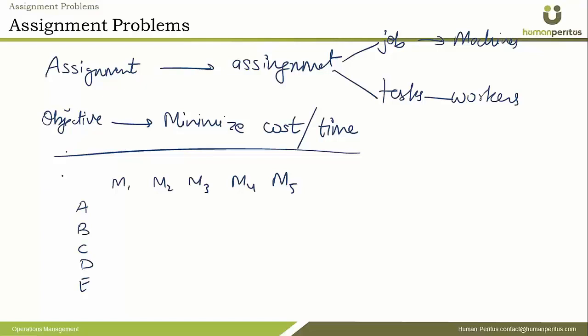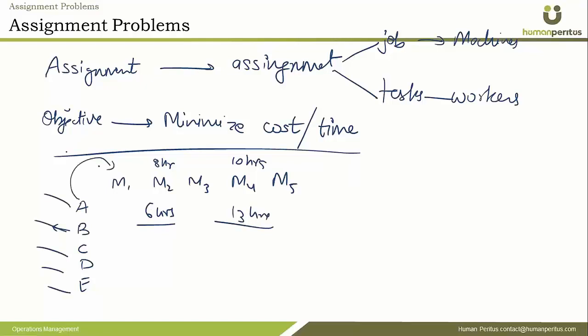It may be possible that A takes 8 hours at machine 2, and he takes 10 hours at machine 4. Similarly, B takes only 6 hours at machine 2, but it takes 13 hours at machine 4. So each of the 5 workers has varying efficiencies at each of these 5 machines.